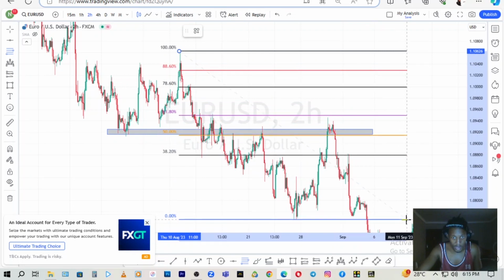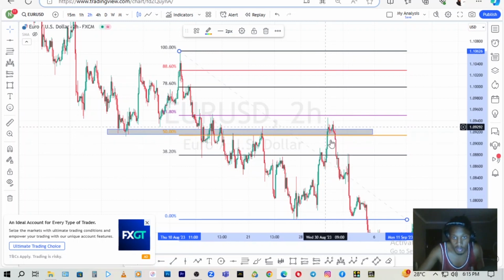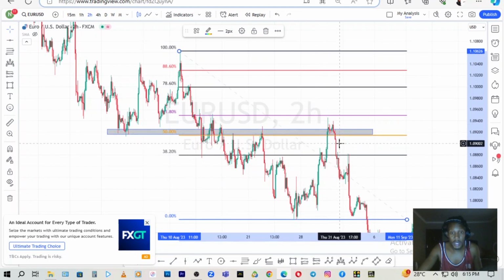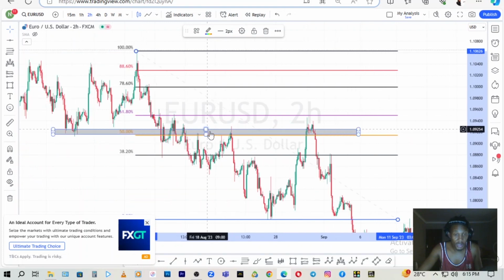So I want to see it also respecting my Fibonacci level. So getting rejection of this level over here is a sign. It's also working in confluence with my Fibonacci, and also adding onto my confluence. And also I have a bullish engulfing.